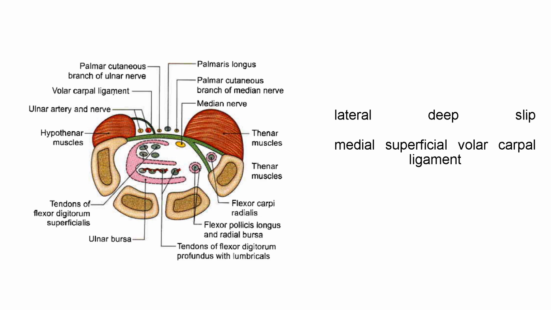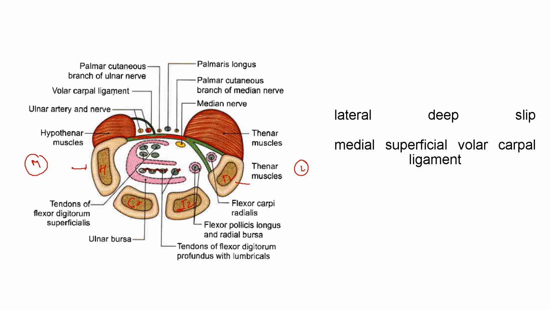If you cut a cross section at the level of the wrist joint, you can see the carpal bones. This is the trapezium, then you can see the trapezoid, capitate, and the hamate. This is the cut section. This is the trapezium, this is the lateral side, and this is the medial side. This green structure is the flexor retinaculum.